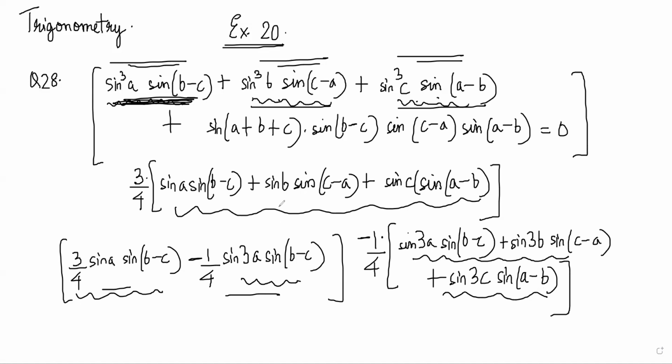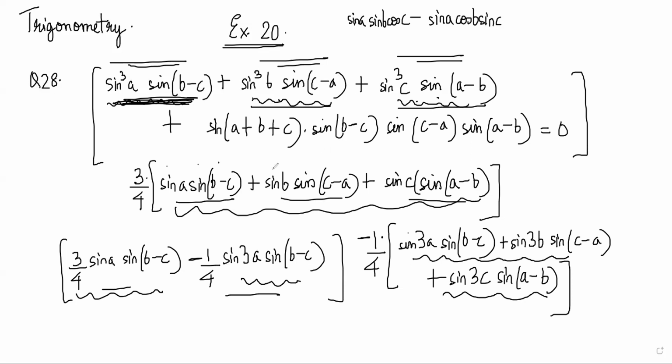The way to simplify this first bracket is simply expand it. If you expand it properly, you will realize that the first bracket will vanish. Think about it. Sine A, sine B, cos C, right? So the first term is sine A, sine B, cos C minus sine A, cos B, sine C, right?